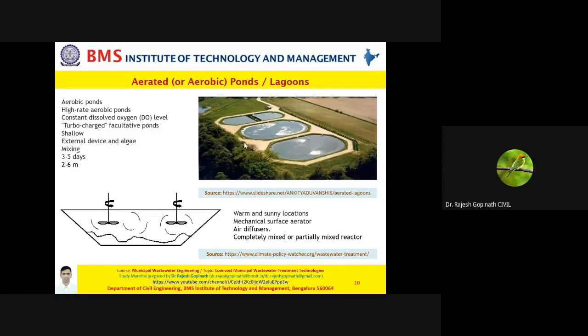These ponds have a depth of around 0.3 to 0.5 meters, and typically for municipal wastewater, the BOD loading is around 40 to 120 kg per hectare per day. Understand this: if you increase the depth of this tank, then aerobic conditions may become anaerobic. So the design criterion here is the depth itself.